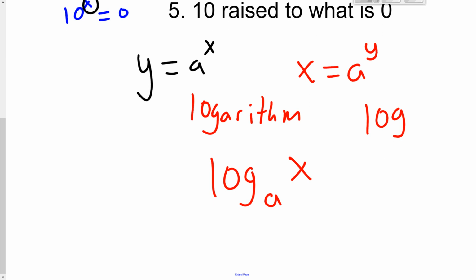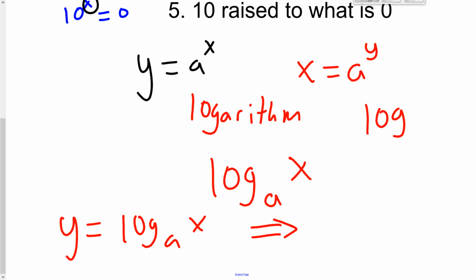And then there's a final way, base a logarithm of x. So that is how we can write the logarithm. By definition, y equals log base a of x, and I can transfer that to an exponential. I can take the log and switch that to an exponential: x equals a raised to y. So that's how I solve these logarithm problems: I switch them to an exponential in this form, and then I can answer them. Okay?